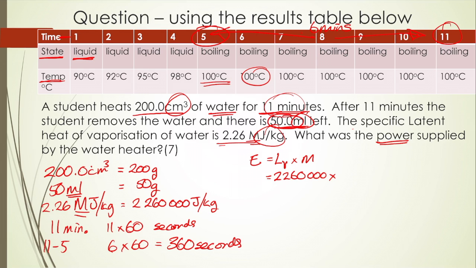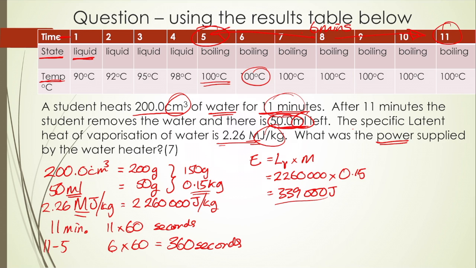But the mass is in kilograms, so we've got to change that. It gives us 150 grams or 0.15 kilograms. So it's times 0.15 kilograms, which gives us 339,000 joules just to heat up 150 millilitres of water to turn it to steam. But that's not the final answer. That's the final bit of using the equation that we've got.